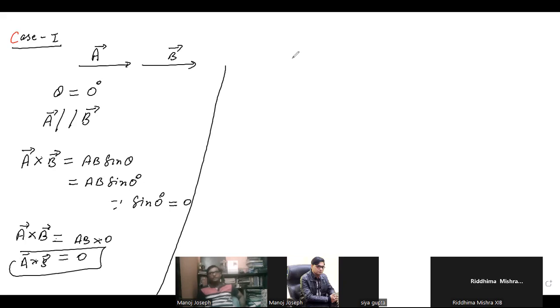Next case: vector A is moving toward the right side and vector B towards the left, in the opposite direction, and the angle between them is pi. These are called anti-parallel vectors or opposite vectors. Theta is 180 degrees or pi radians.